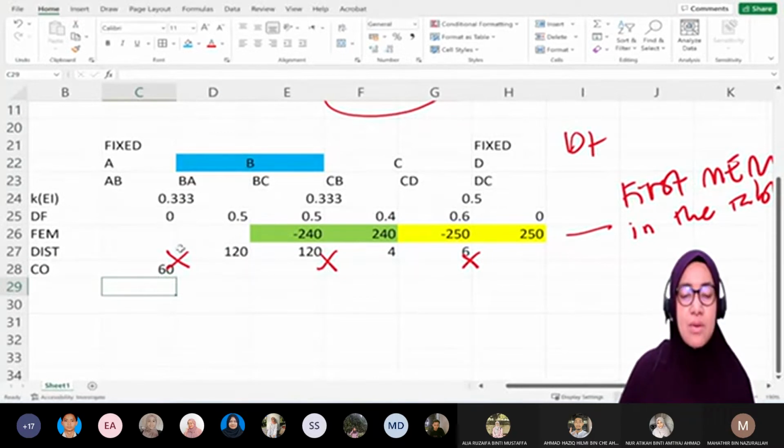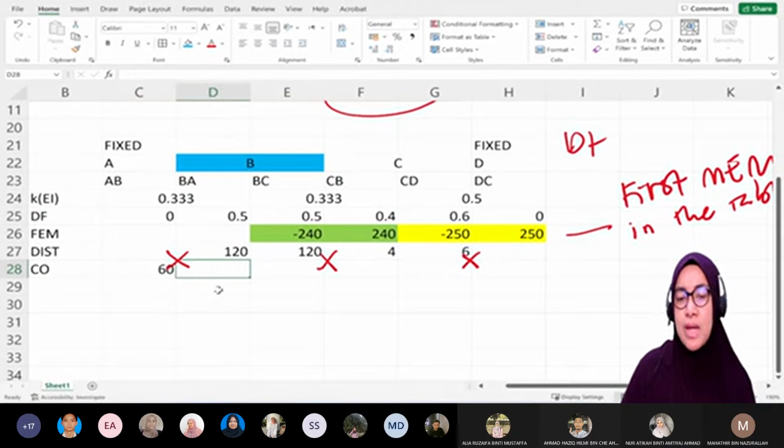Okay, we get 60 ya, we get 60. Okay, we carry to opposite joint. So kalau ada value sini, carry lah. Tapi sebab dia 0, so 0 do not need to write 0 in the table.